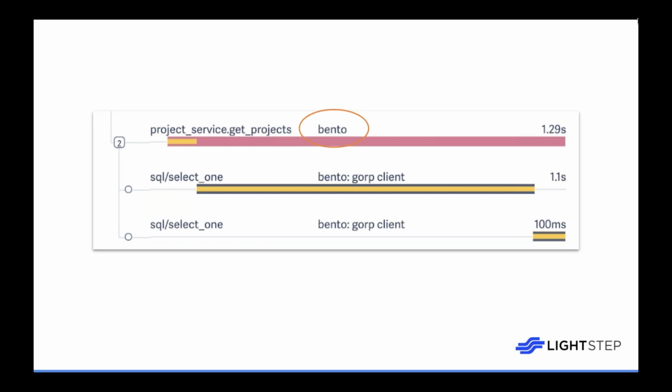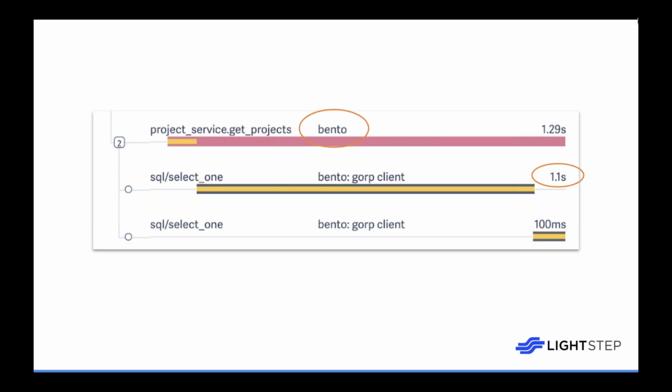And so 1.29 seconds is way out of SLO for us. Looking at this portion of the trace, understanding essentially when did the request come into Bento and when did it go back out? Sort of naively looking at this, we'd say, oh, well, look, of that 1.29 seconds, 1.1, in fact almost the whole thing, was actually in terms of getting data from a SQL database.